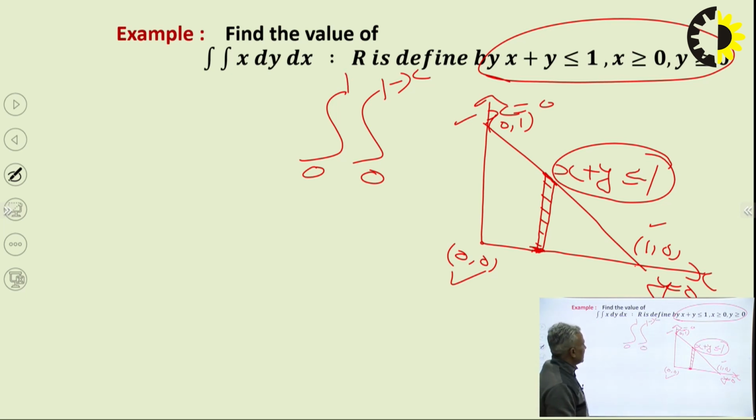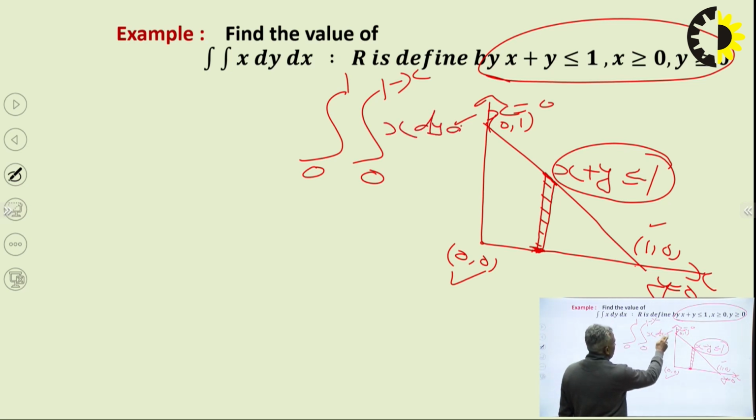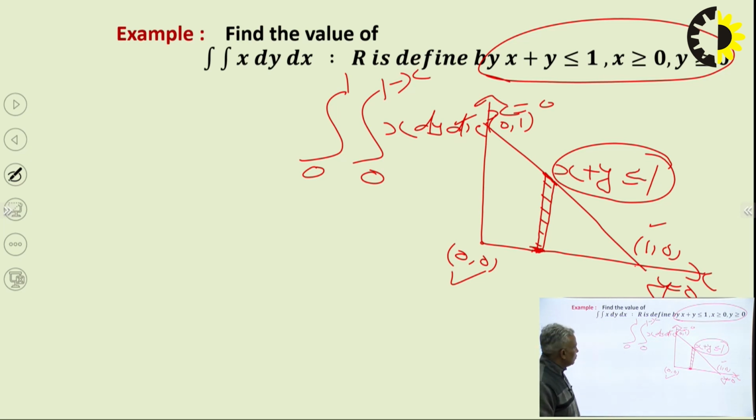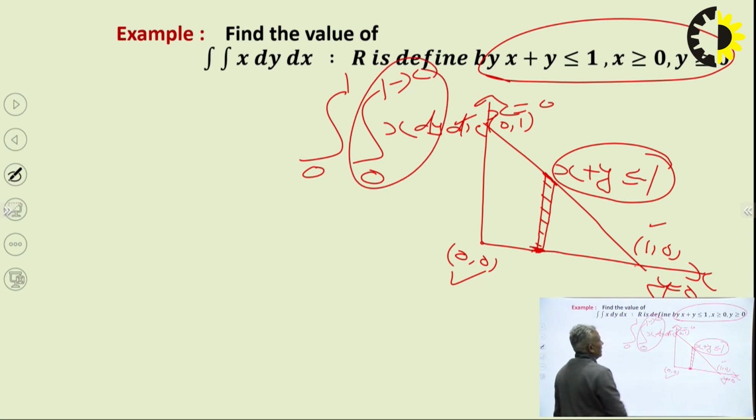In this way we can say that the limit of y in this portion, dy over dx, will be 0 to 1 minus x, and the limit of x is 0 to 1. We solve first with respect to y and then take the solution. In this way we can solve the problem.